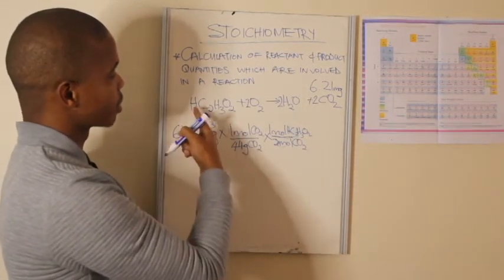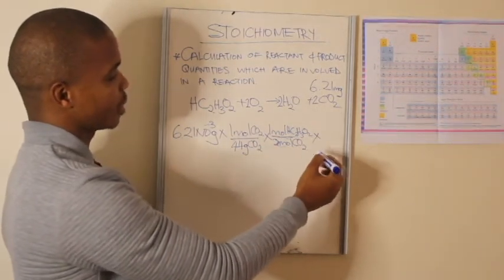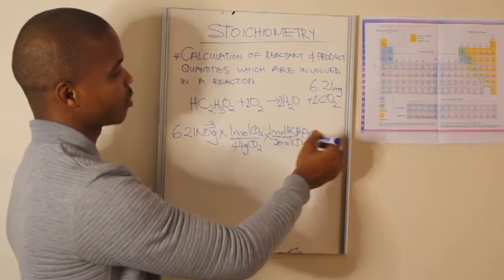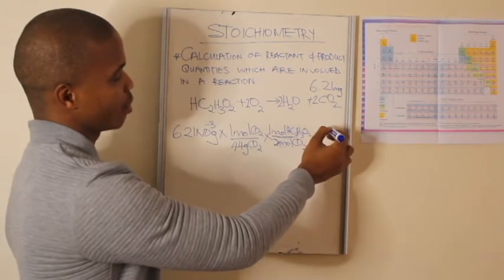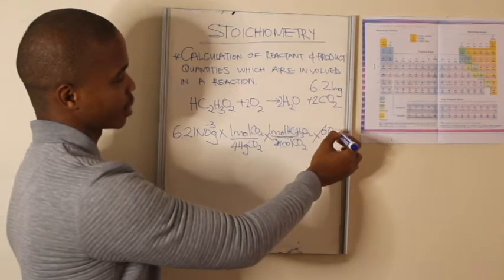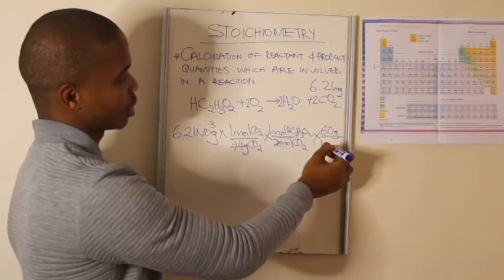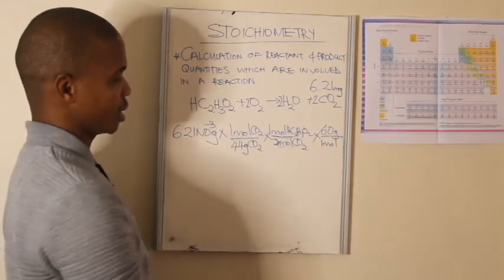Now I have moles for acetic acid, and for me to get the mass, I'll have to multiply by molar mass. So 60 grams of acetic acid would be equal to 1 mole of acetic acid.